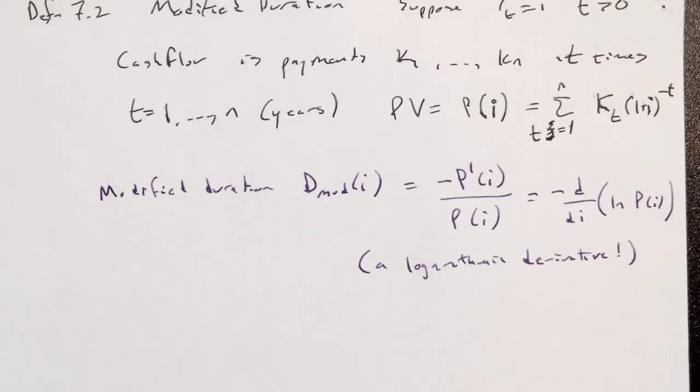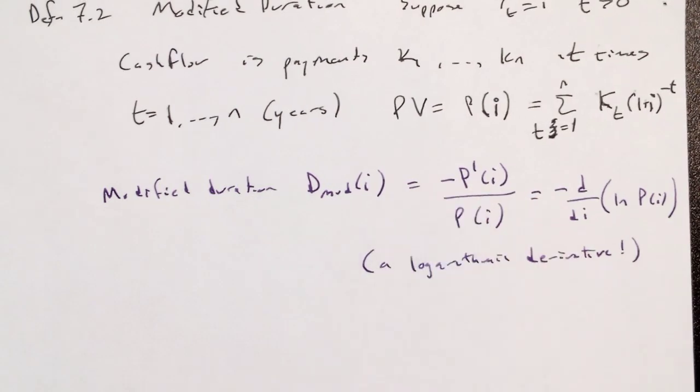Now, again, present values go down when rates go up. Since present values go down when rates go up, the derivative P prime of I should be negative.